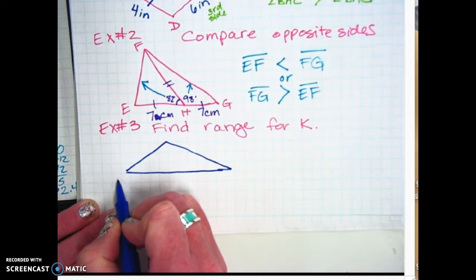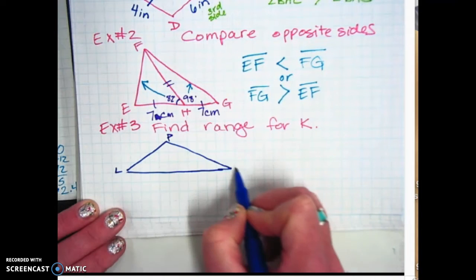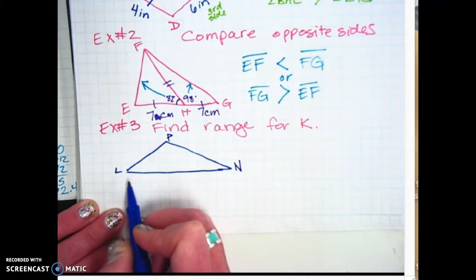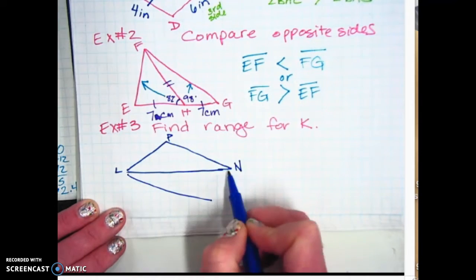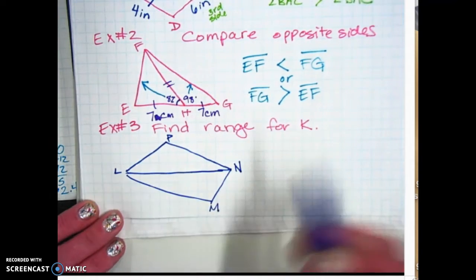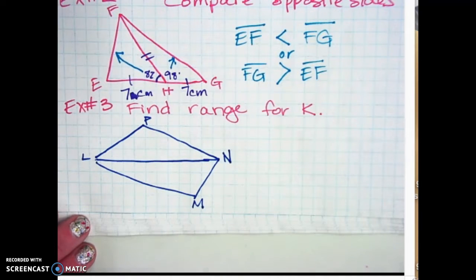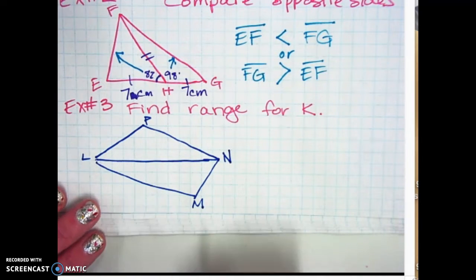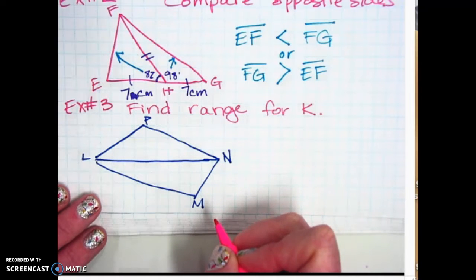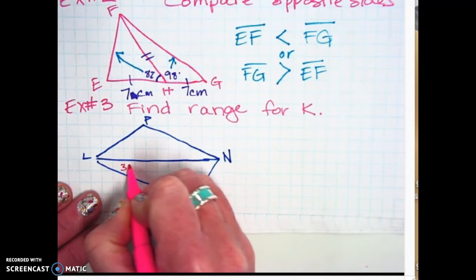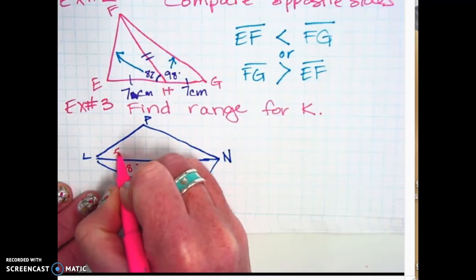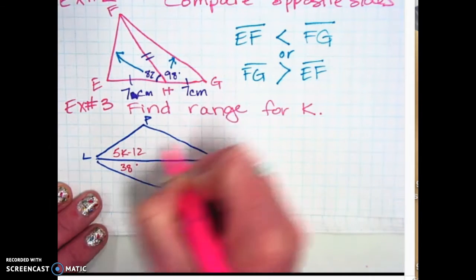It's triangle LPN. And here's triangle LMN. And we need some measurements. Okay, 38 degrees and 5K minus 12 degrees.